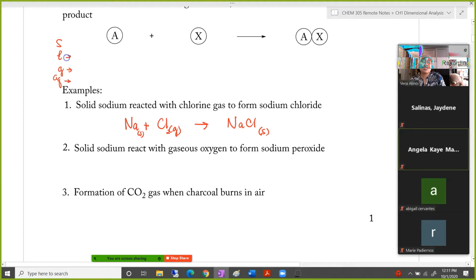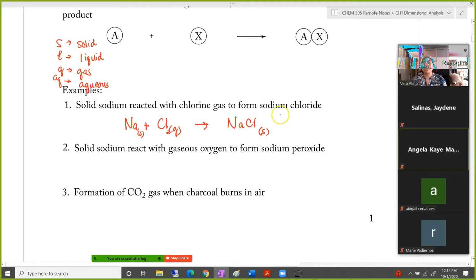This is just to give you a description of what it looks like before and after the reaction. S stands for solid, L refers to a liquid, G for gas, and AQ usually refers to a compound or element being dissolved in water. So it's in its aqueous form.